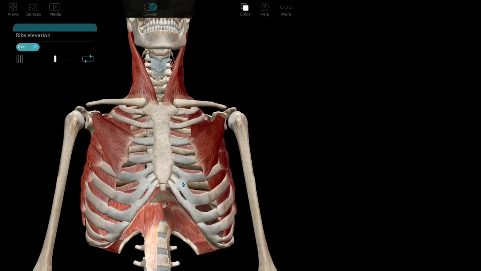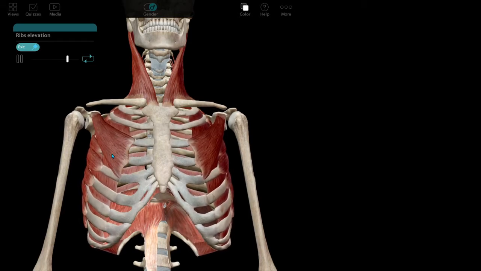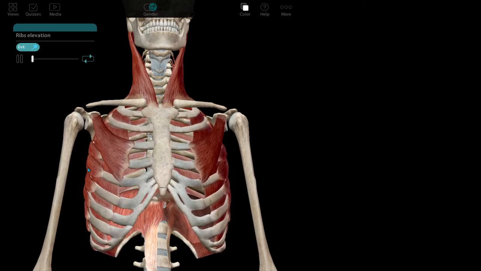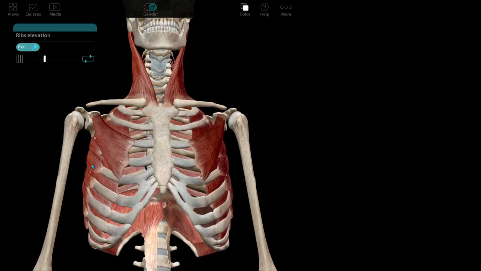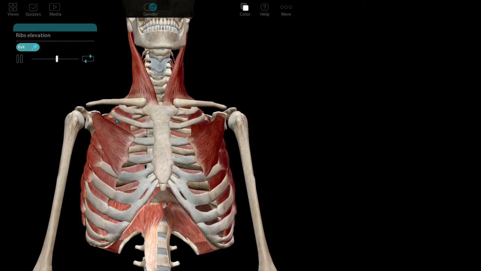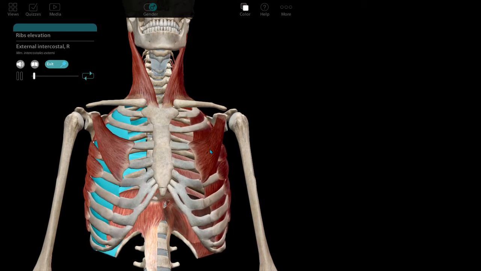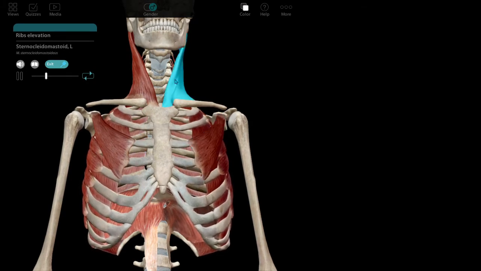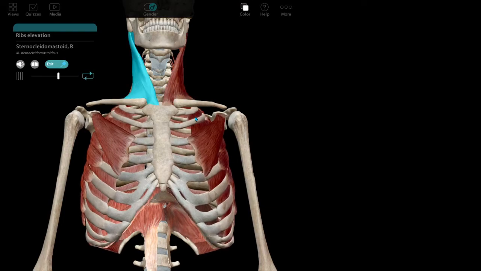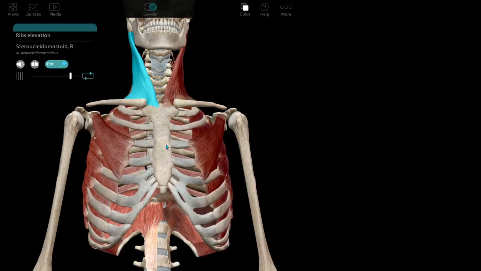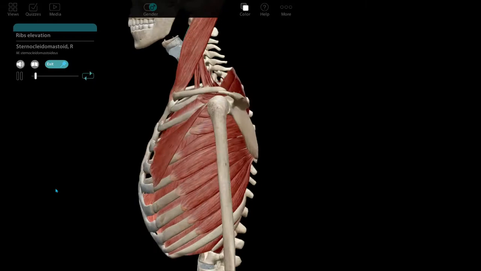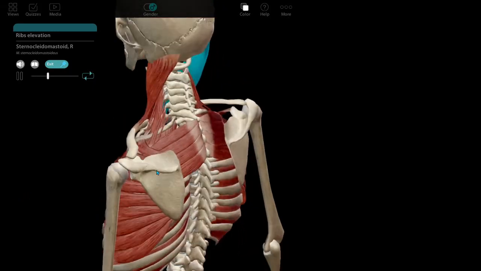Okay. The rest: your pectoralis minor, serratus anterior, external intercostal, sternocleidomastoid, scalene, and subclavius. These are accessory muscles for respiration.